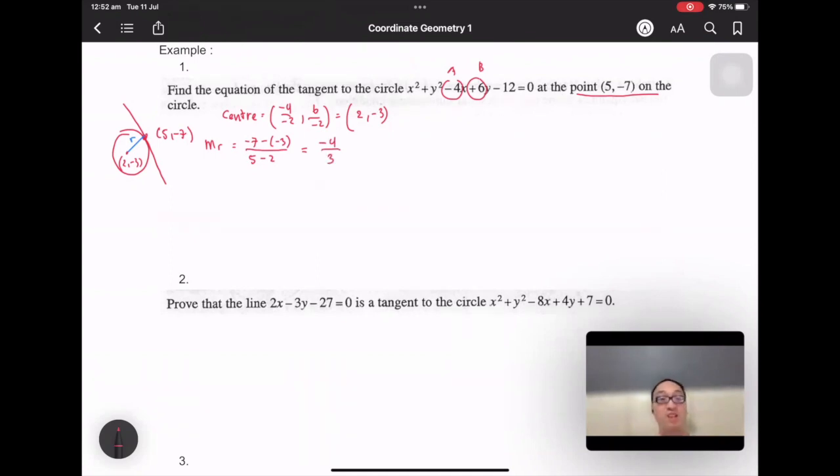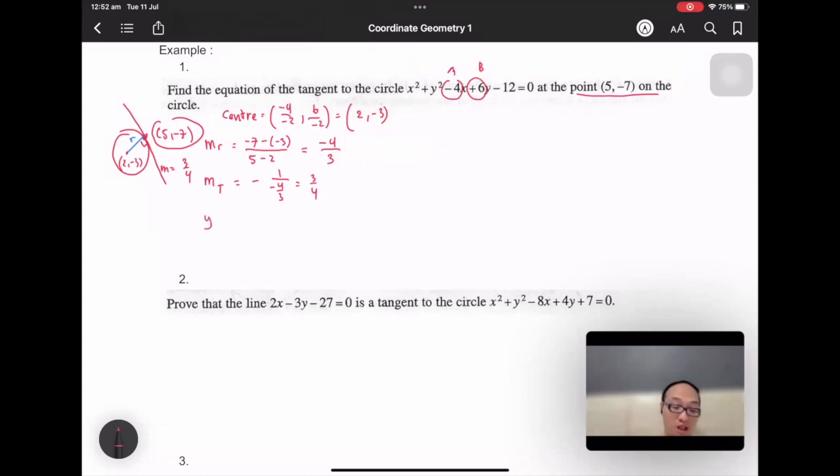This is the gradient of the radius. That means the gradient of the tangent, which is perpendicular to the radius, is negative 1 over negative 4 over 3, which equals 3 over 4. Now we know that the gradient is 3 over 4, and the line passes through (5, negative 7).